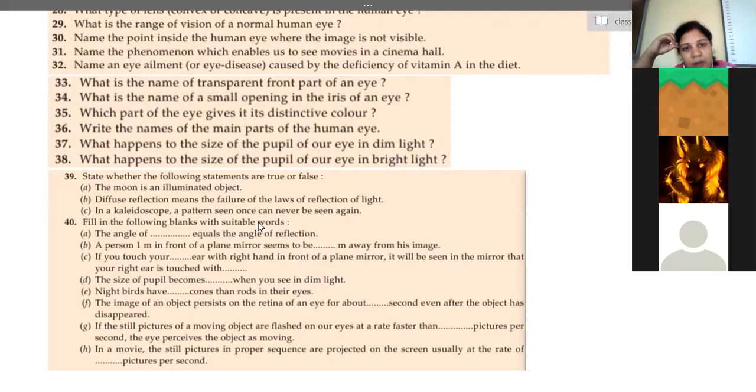In a kaleidoscope, a pattern seen once can never be seen again. True or false? Why is it true, why is it false? Ma'am, because we can see the pattern after we rotate it. But is that the same pattern we see again?